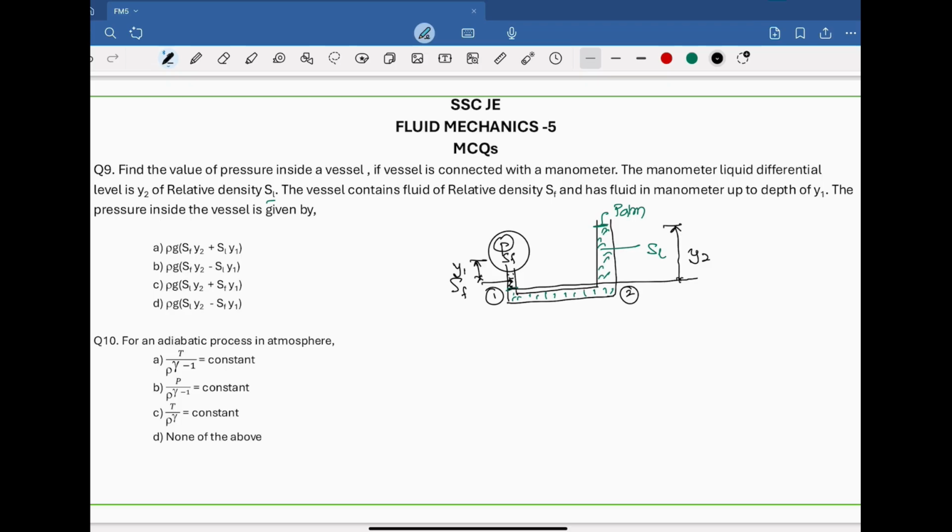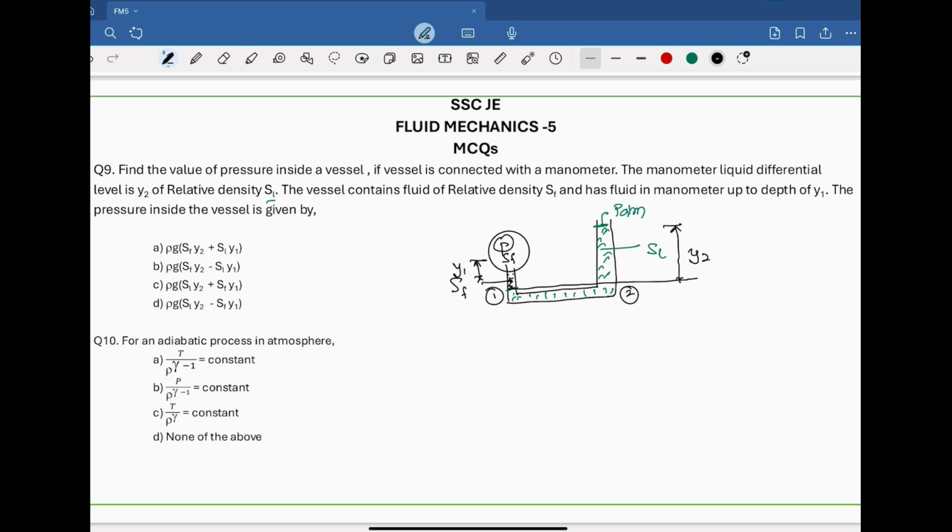How to find? I told you, come from P atmosphere, treat P atmosphere as 0. If you come down, the pressure will be increasing. If you go up, pressure will be decreasing.